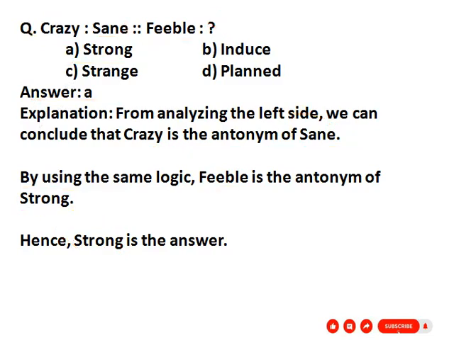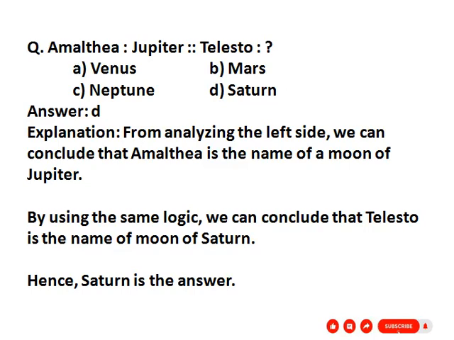Our next question is: Amalthea : Jupiter :: Callisto : ? In the first group it is given that Amalthea is a moon of Jupiter. So Callisto is whose moon?